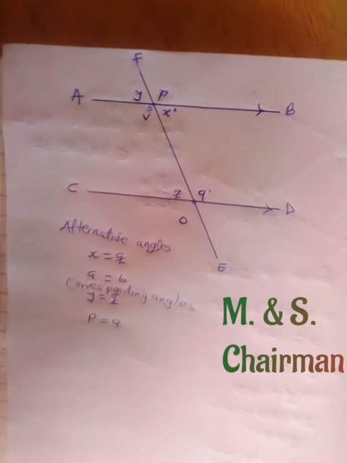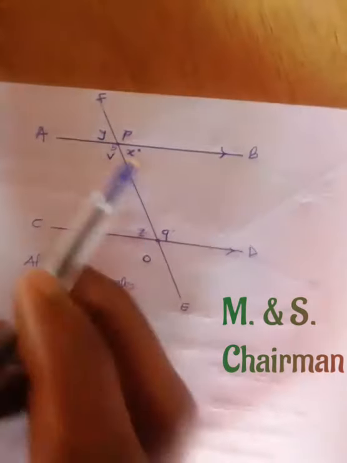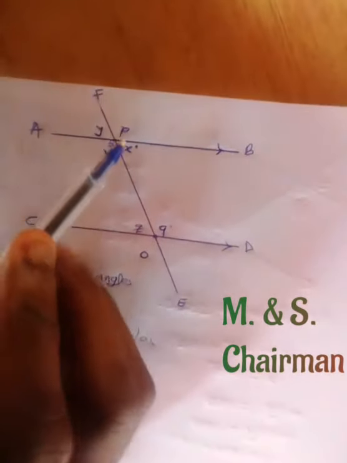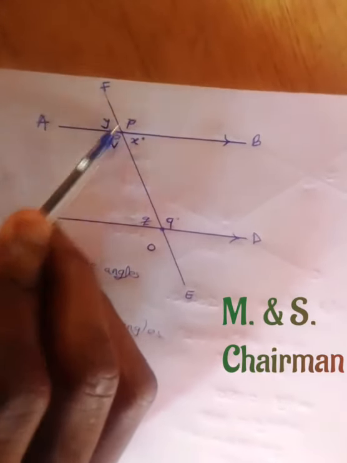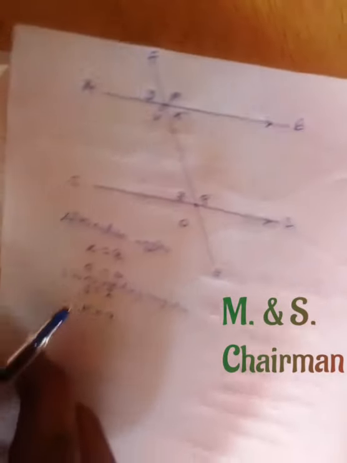Therefore, let's move to vertically opposite angles. When we talk of vertically opposite angles, this is it. P here, B here. That's vertically opposite. Y, S, vertically opposite.